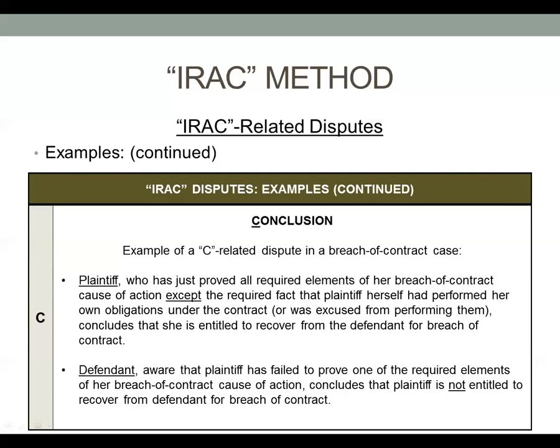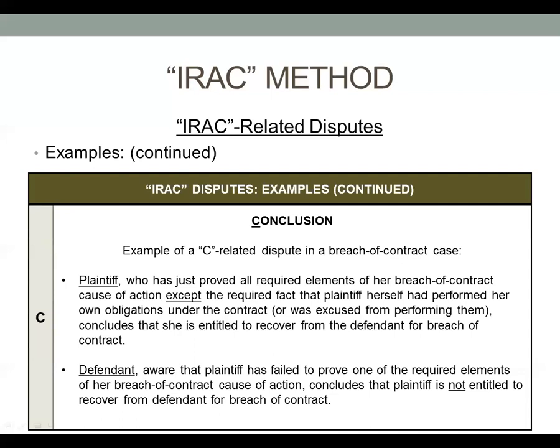Well, the defendant, aware that the plaintiff has failed to prove one of the required elements of her case, draws a different conclusion. That is, that the plaintiff is not entitled to recover from the defendant for breach of contract. So here you have a dispute over the ultimate conclusion. The plaintiff says, I conclude I'm entitled to recover for breach of contract.